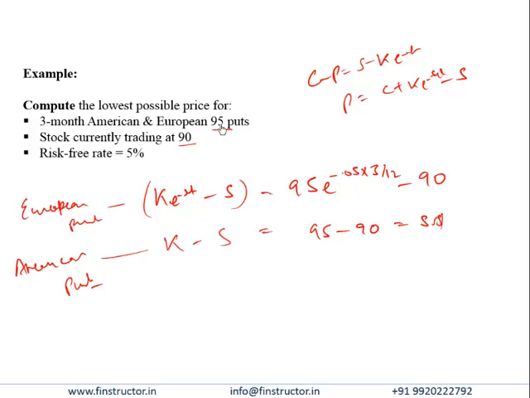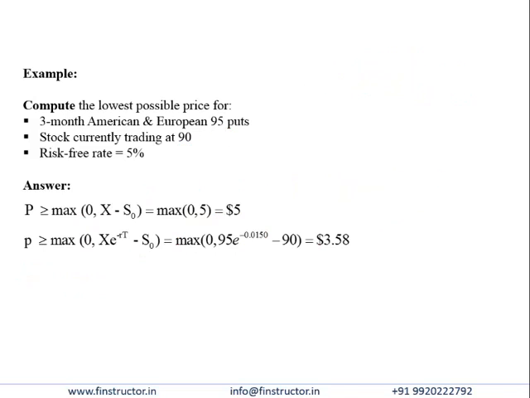The strike price is 95, so today itself you can realize a profit of 95 minus 90, that is $5. So 5 is the minimum price for an American put, and 95 e raised to power minus RT minus 90 is the minimum price for a European $95 put.